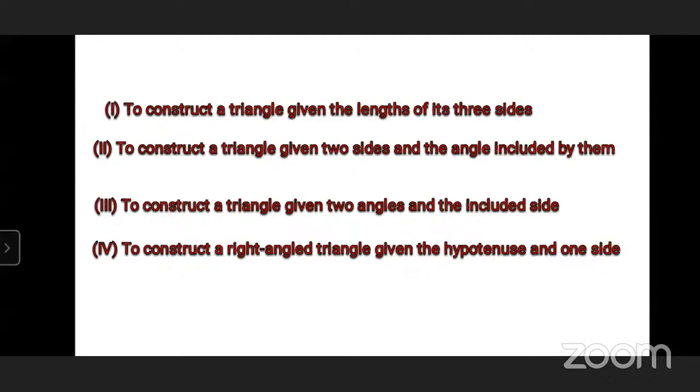Third, to construct a triangle given two angles and the side included by them. And the last one, to construct a right angled triangle when the hypotenuse and one side are given.